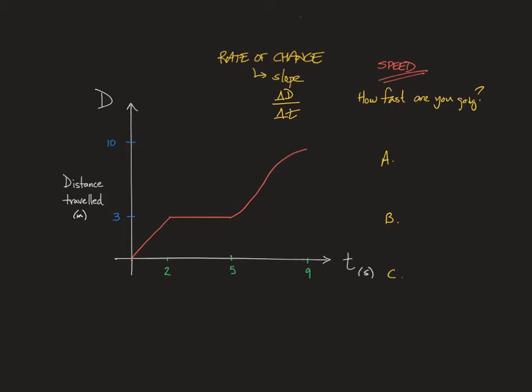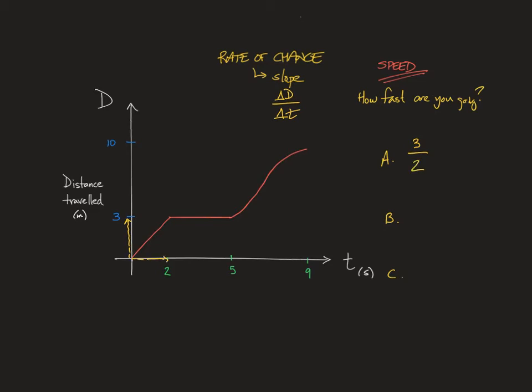So to take a look at that first segment, we should be really good at being able to break down the components of speed, distance, and time. In segment A, we notice that we traveled 3 meters, so our distance changed by 3 meters, but it took us 2 seconds to do it.